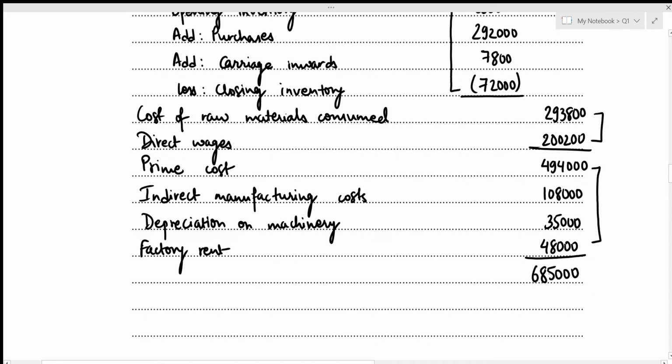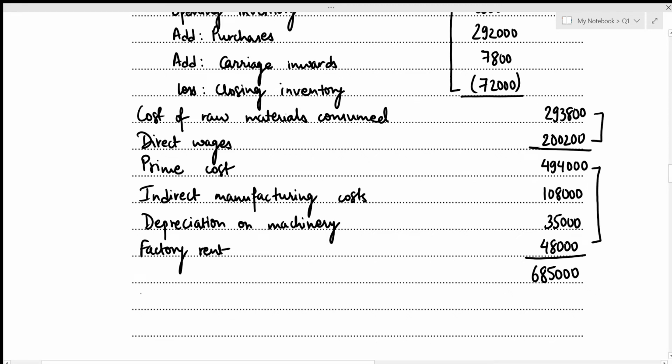Now we need to adjust our work in progress, because even though it is not actually a finished good, we obviously incurred costs in order to work on the raw materials, right? So we definitely need to adjust our work in progress in the manufacturing account as well.